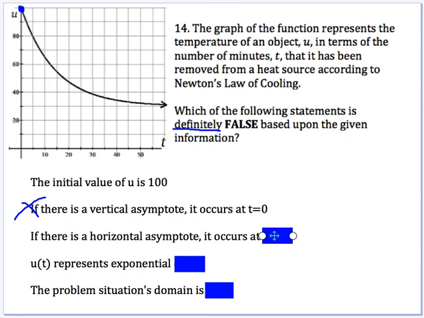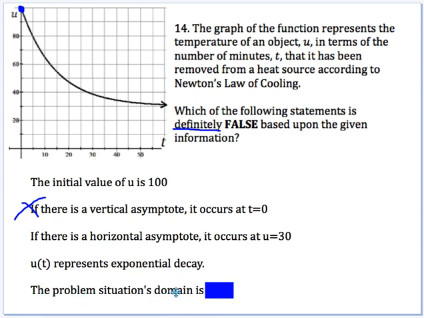So your horizontal asymptote will be at u equals 30. And u of t represents exponential blank. Is it increasing or decreasing in temperature? Since I'm decreasing, it's going to be exponential decay. If my temperature was increasing, it would be exponential growth. So in this case, it's exponential decay.